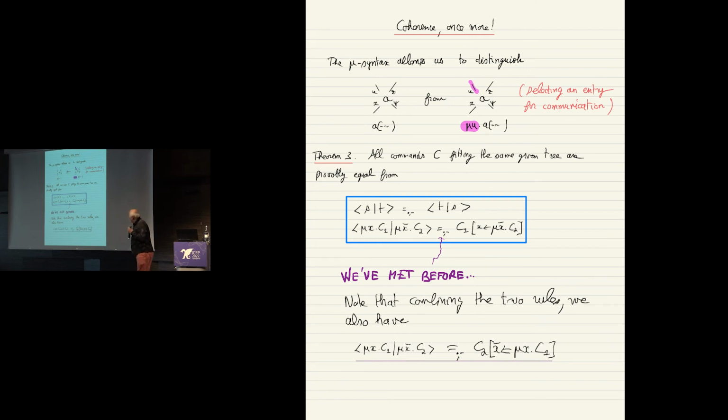And these two equalities, well, the second one is something like we've met before. And combining the two rules, so the first rule says that it is commutative. Combining the two rules from this single rule, we get the famous critical pair that we have seen in Sylvia's talk.